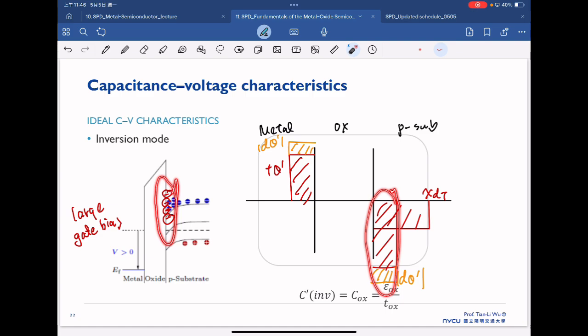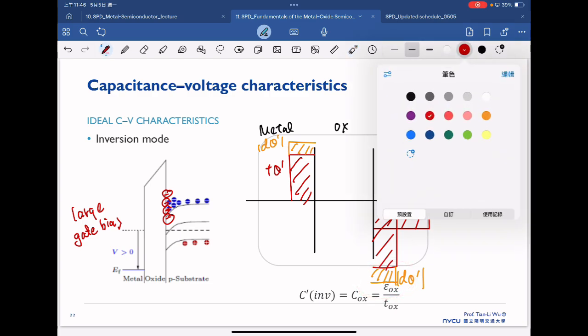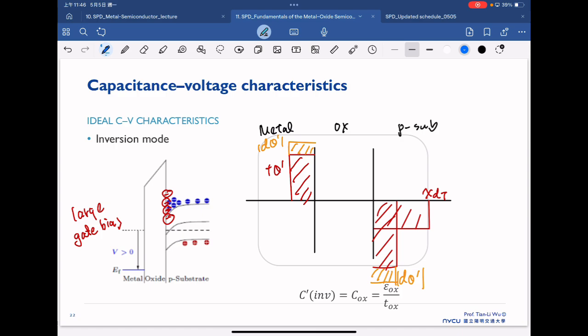And now if we look at the capacitance, it will be formed between this dQ and this dQ. So in the end, the capacitance under the inversion mode is equal to Cox again.